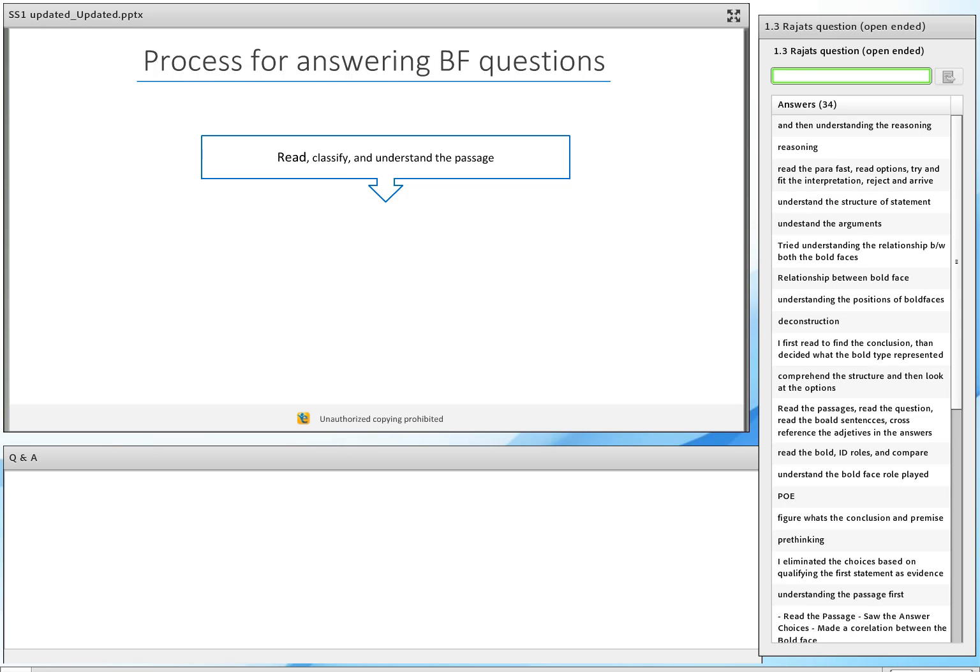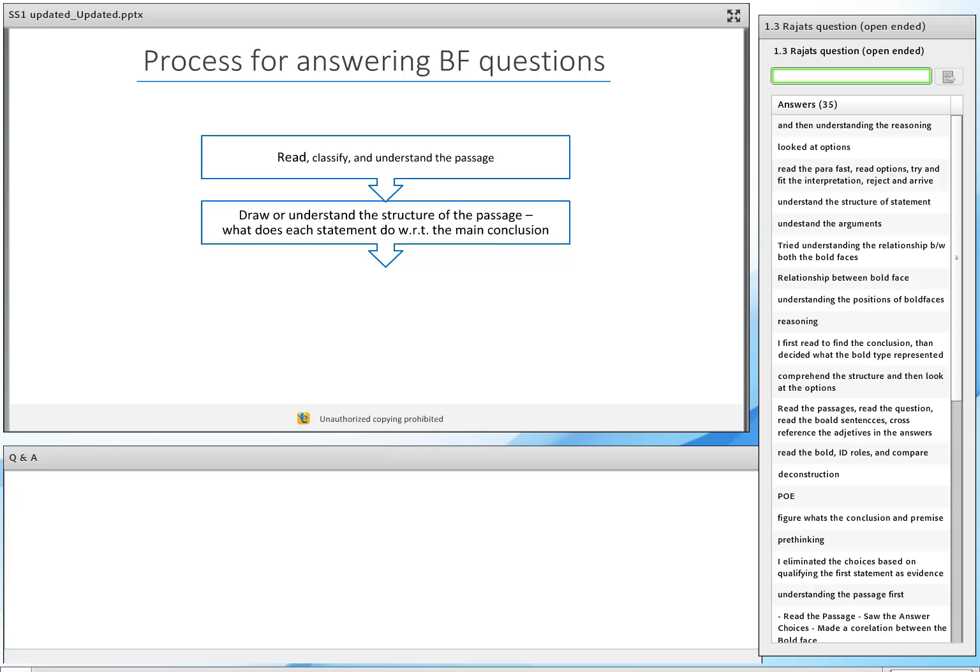So at EGMAT, how we answer bold-faced questions is we first read. A bold-faced question always has an argument, so it'll have a conclusion, and we first read the argument and understand the conclusion, and then we classify every statement with regards to it. As we do that, we also create what we call the structure of the argument, which means what does each statement do with regards to the main conclusion.